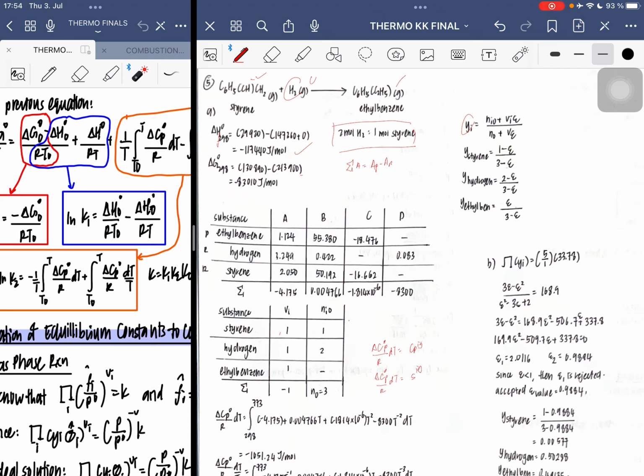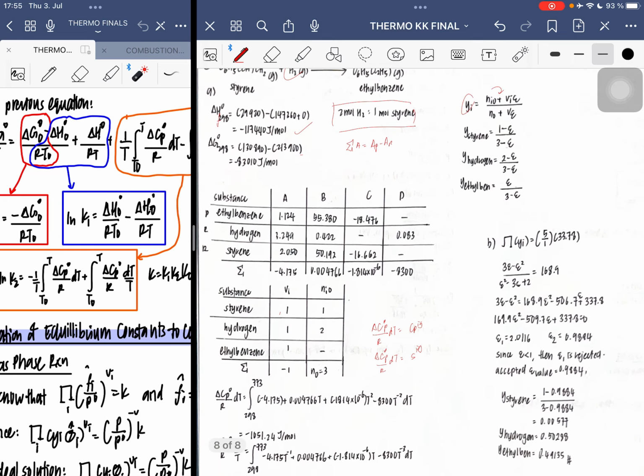So at the initial starting point there are 2 moles of hydrogen and 1 mole of styrene, but there is no ethyl benzene in the starting reaction, right? So it's null. And to find N naught you just add everything together. That's the difference between N naught and Ni naught. Then just plug into the equation and you get your expression of yi in terms of reaction coordinate.